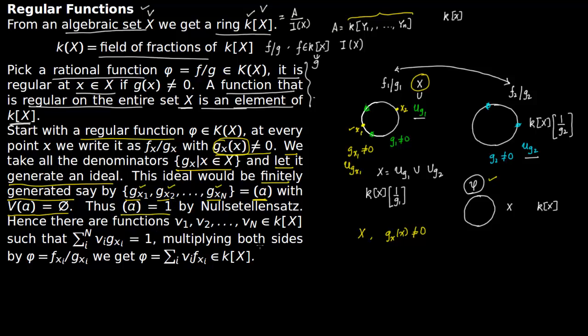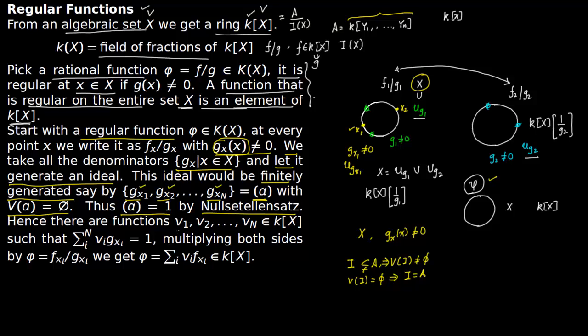Remember, in Nullstellensatz, if you have a proper ideal, then the vanishing set of the ideal is not a null set. You are using the contrapositive. So if the vanishing set of I is the null set, this would imply I is equal to A, and that is what it is. So this A generates 1 by Nullstellensatz.